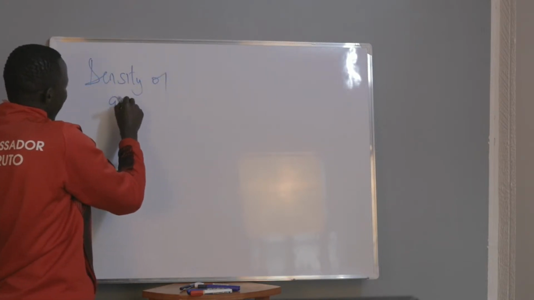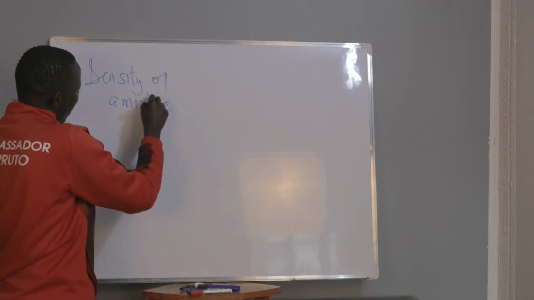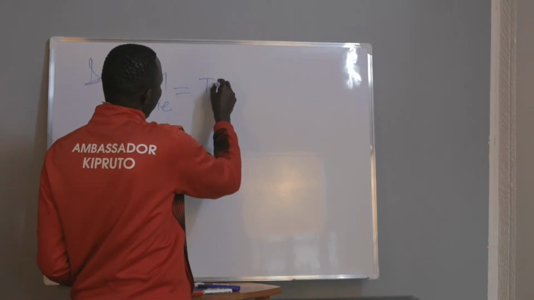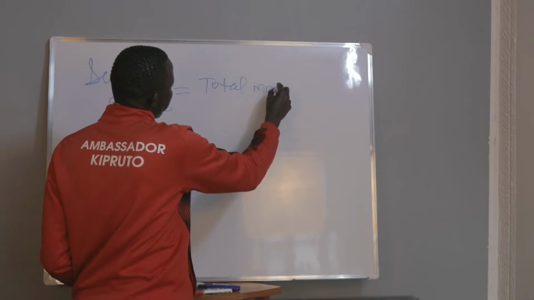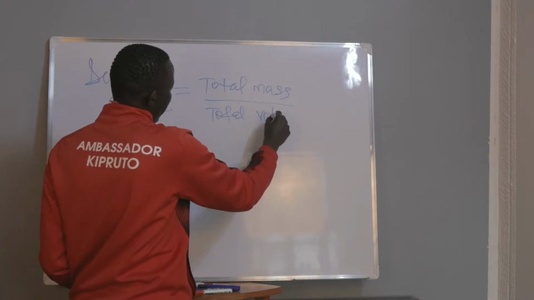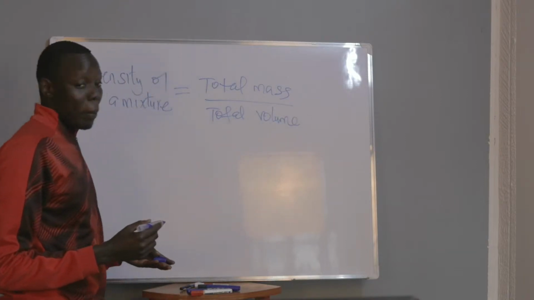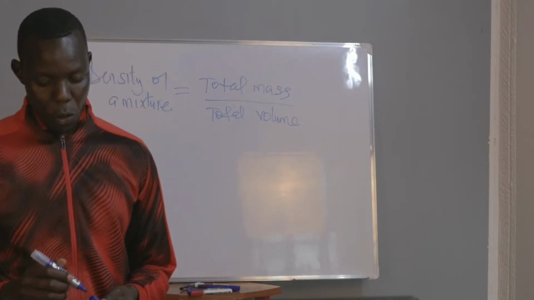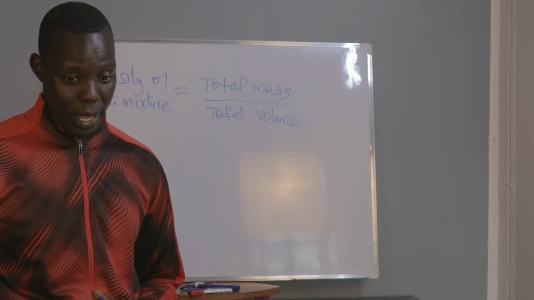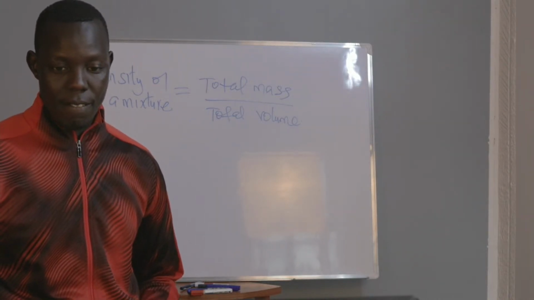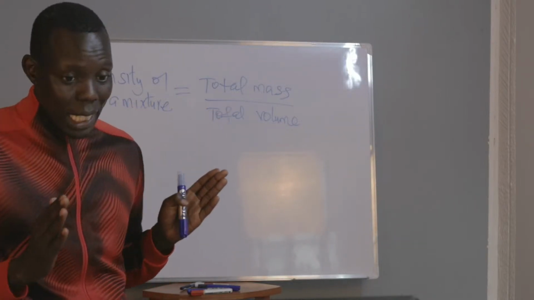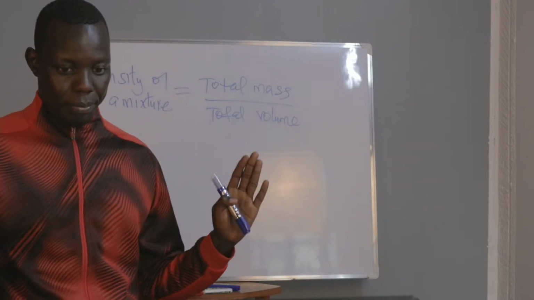The density of a mixture is equal to total mass over total volume. Total mass of the mixture over the total volume.